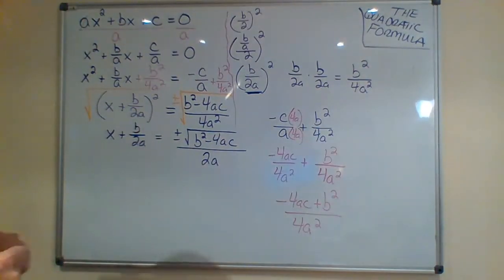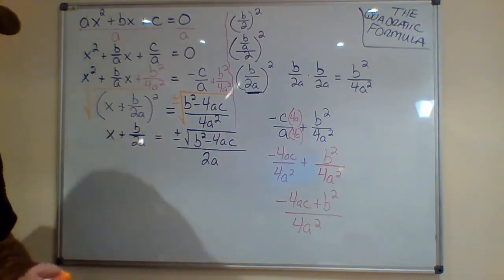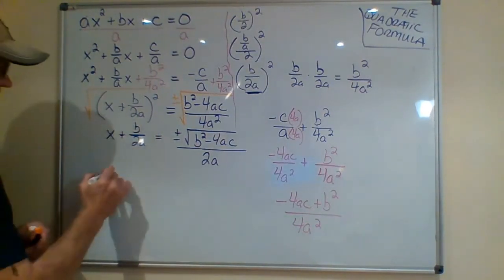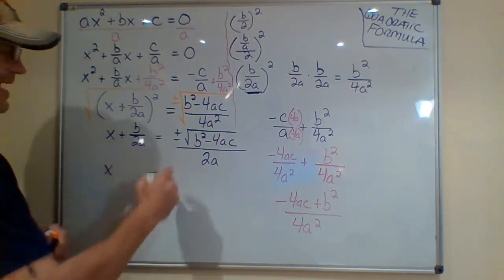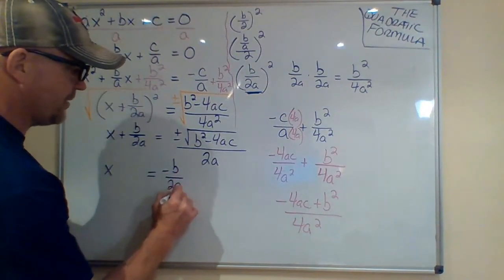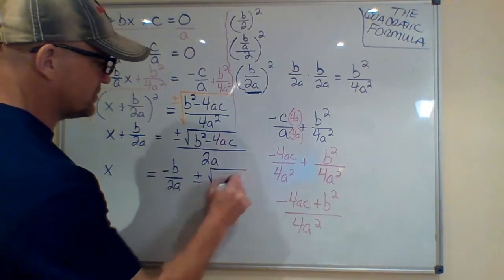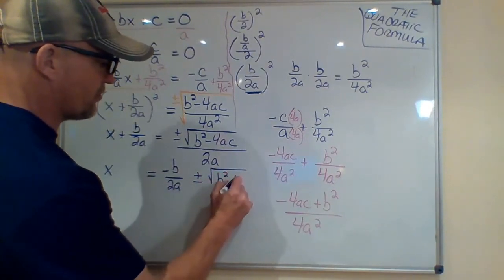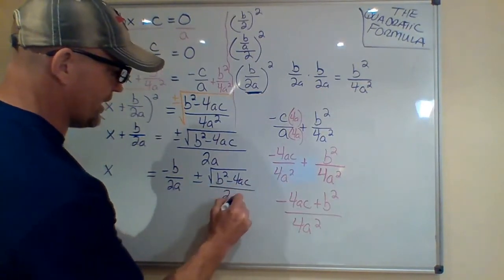My last step now is to subtract the b over 2a to solve for x. So when I do that, I'm going to have x equals negative b over 2a, and then I have that plus or minus the square root of b squared minus 4ac all over 2a.